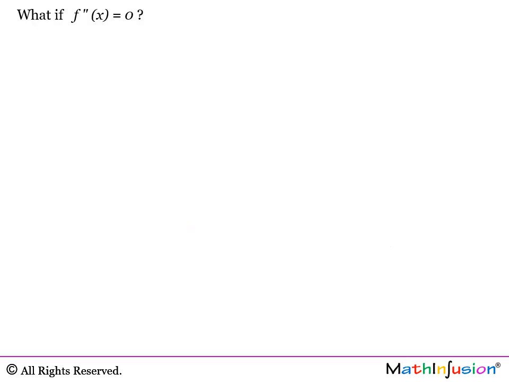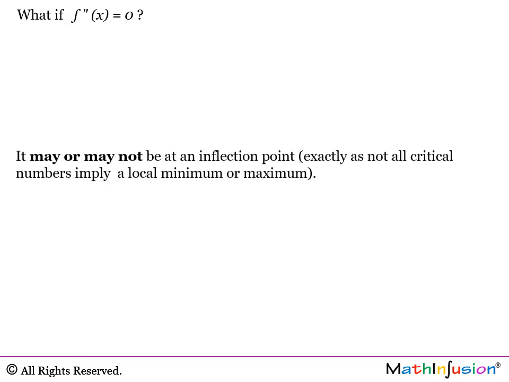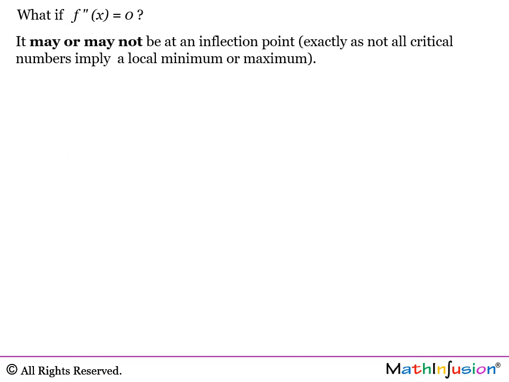What if the second derivative of a function equals 0? It may or may not be an inflection point. This is exactly like critical numbers, which may or may not be a minimum or maximum. I want to give you an example for that. f(x) equals x to the power of 4. Here is the first derivative and here is the second.